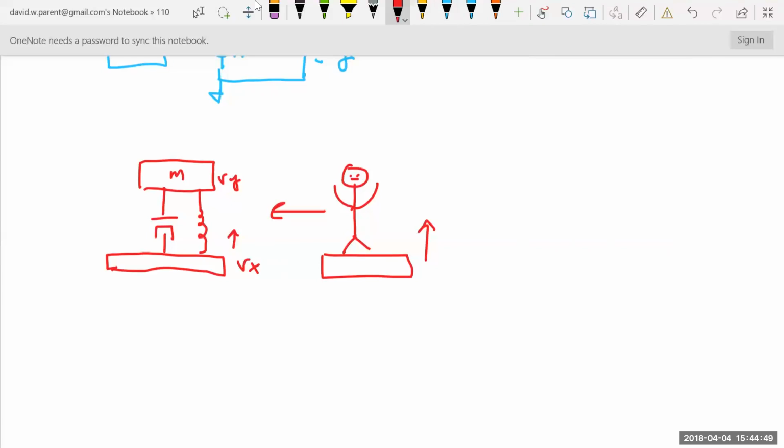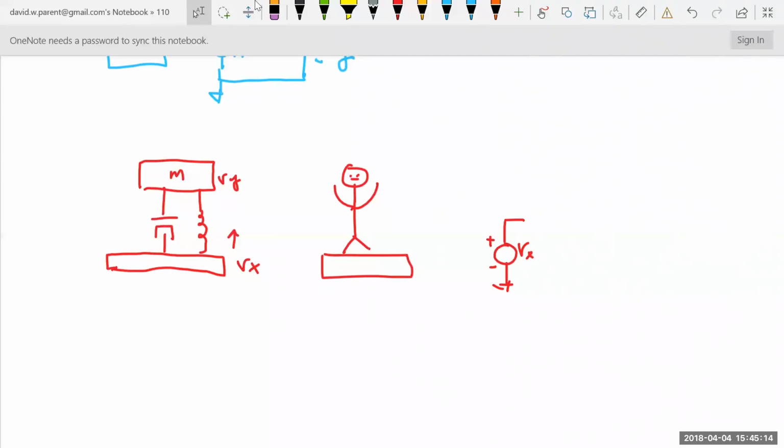So the moving platform, the input, the elevator, is Vx, that input velocity.